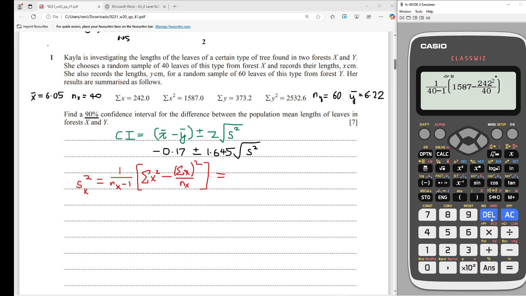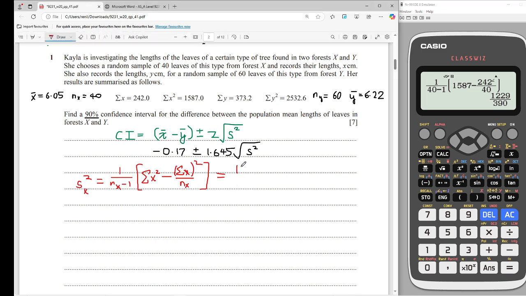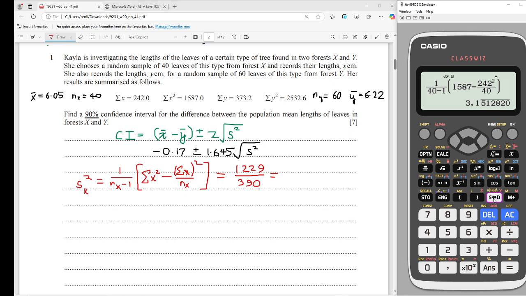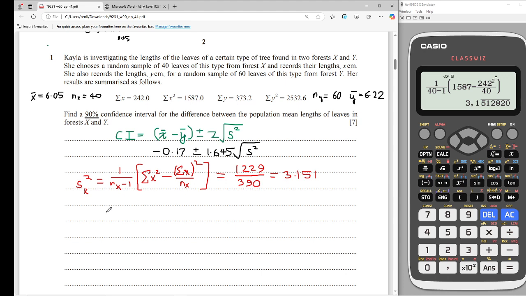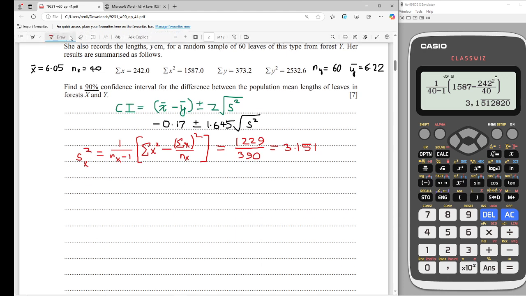This is what we get when we plug in our values: 1229 whole divided by 390. Even though we're going to use these values, Cambridge expects us to give the decimal form, so we can keep it to 4 significant figures, 3.151. If you want, you can go more, they won't test you based on that. Okay, next we need to find s squared y.